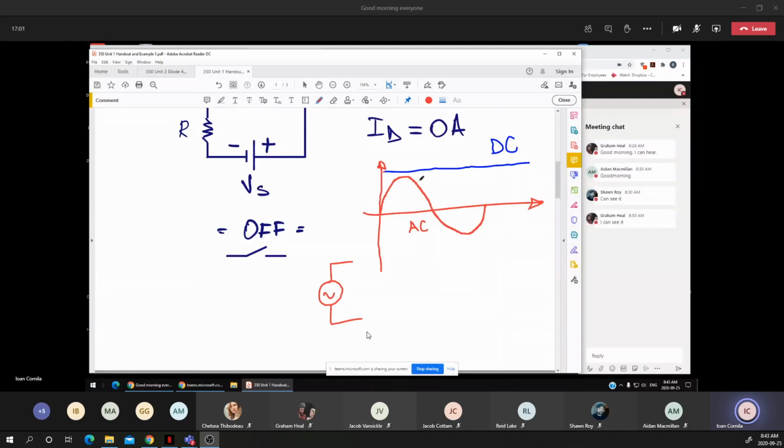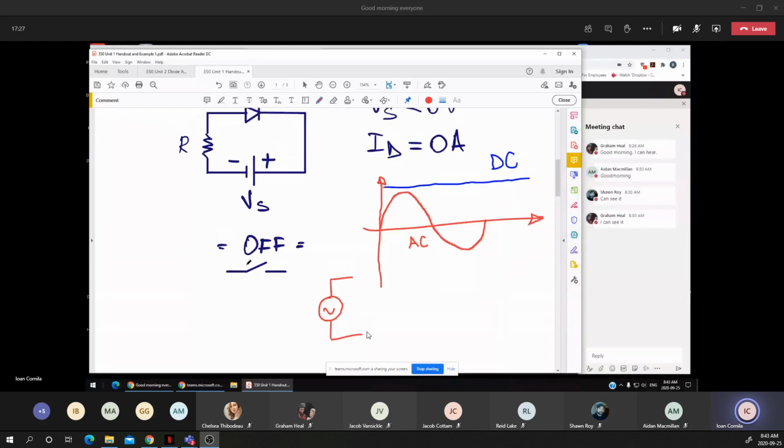Now, for AC, I'm asking one more time to review the AC theory. I'm using peak, peak-to-peak, average, and the RMS. Now, the question is how we can actually analyze or see what happens if an AC voltage is applied to a circuit.